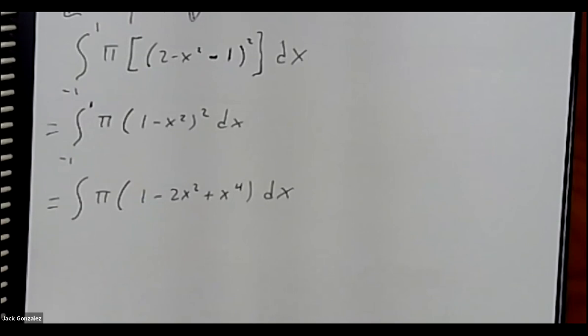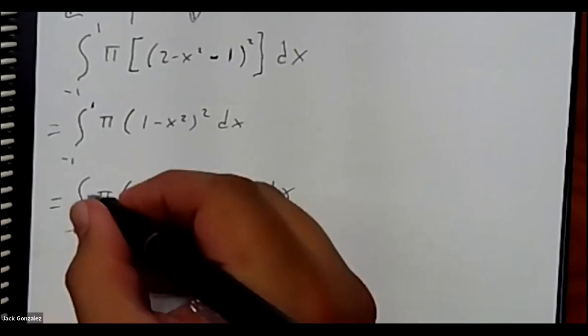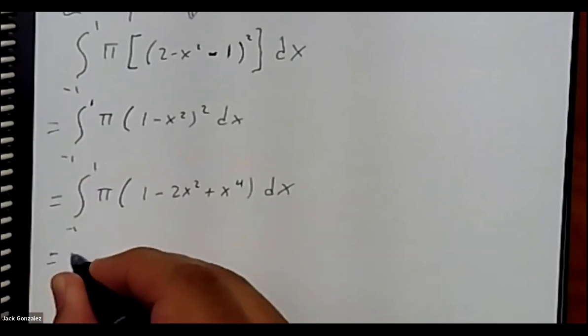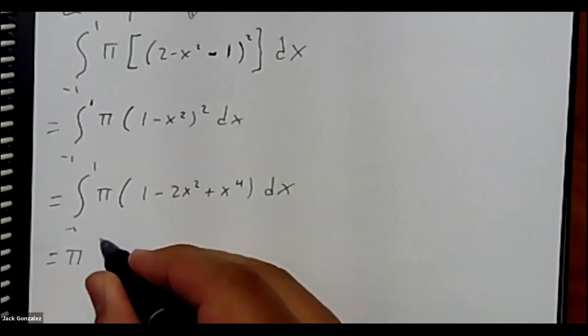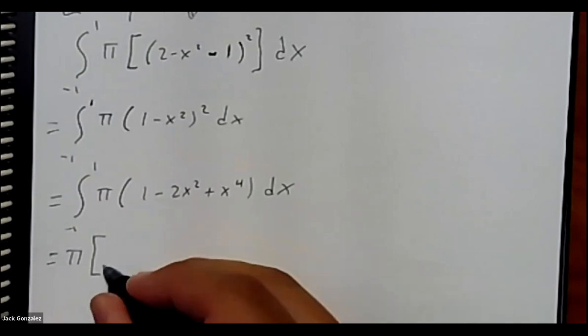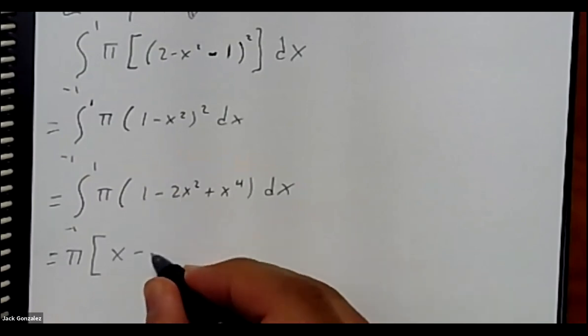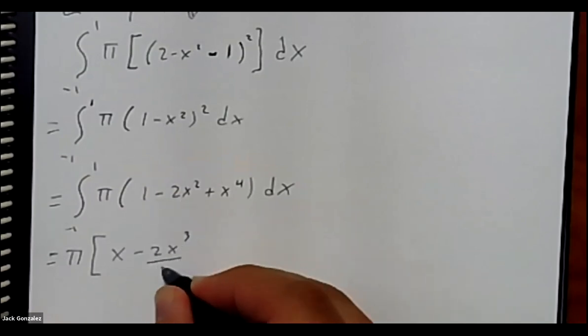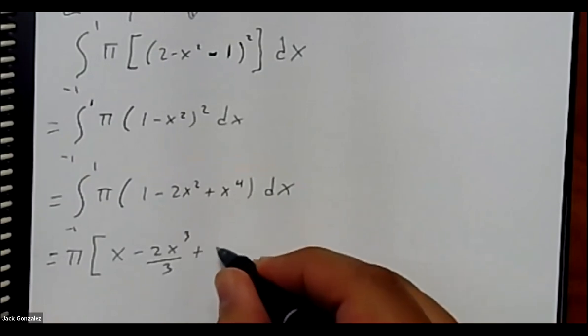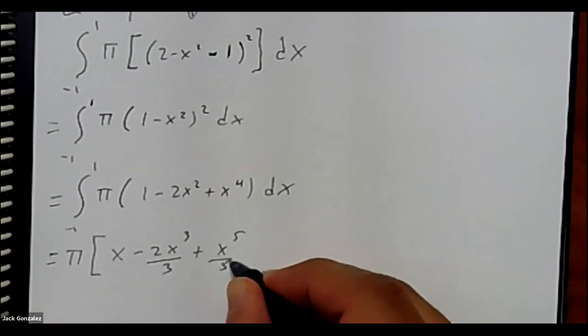All right, now let's integrate term by term. The pi is just in the way, so we can just pull it out in front. So the integral of 1 is just x. Integral of this guy is add 1 power, divide by that same thing. Add 1 power, divide by that same thing.